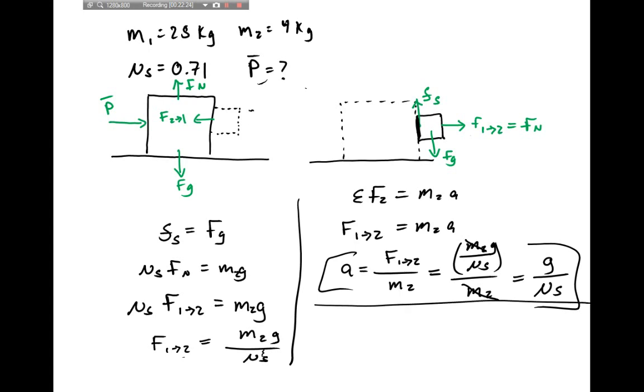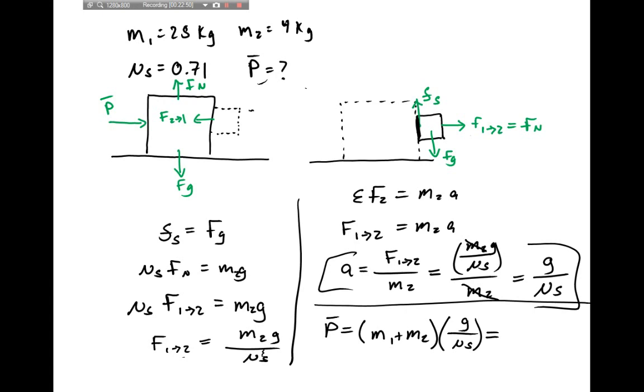Finally, if I want to solve for P, I apply Newton's second law to this entire thing. When I have two boxes being pushed with the same acceleration, I can treat them like a single object with a mass equal to the sum of these two. So it's an m1 plus m2 object times my acceleration, g over mu sub s.